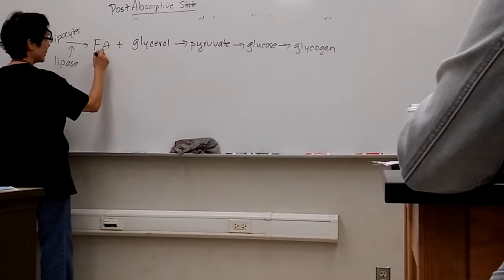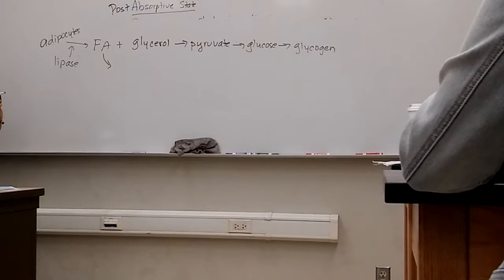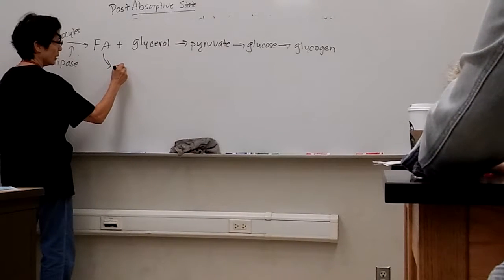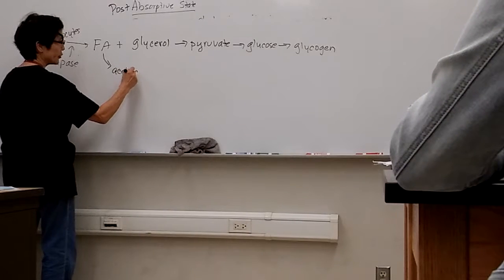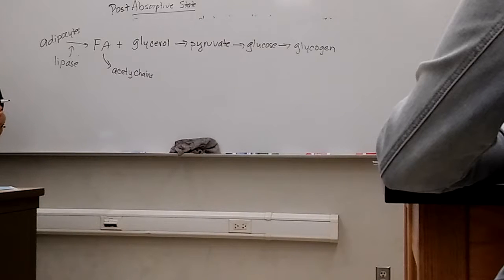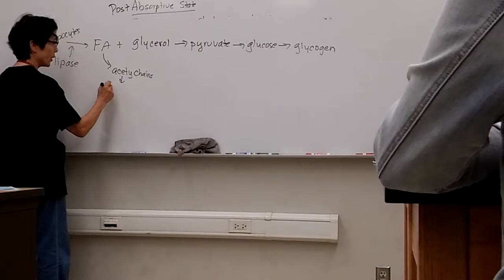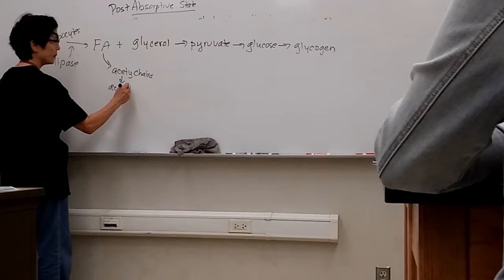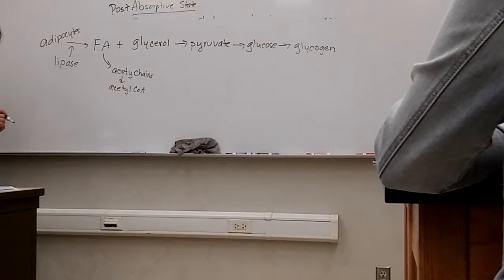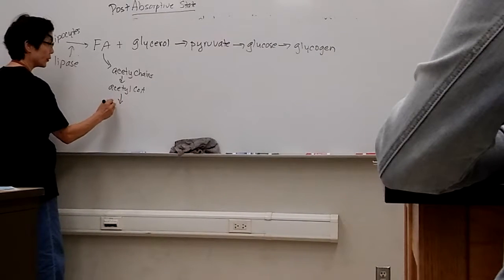And usually these fatty acids are going to take a different route than the glycerol. They're going to be converted into acetyl chains of fatty acids, and then they'll be converted into acetyl coenzyme A, and then they will go into the Krebs cycle.